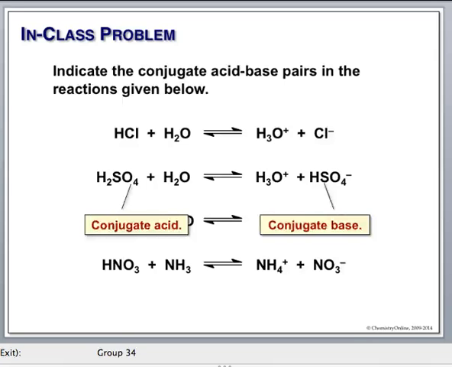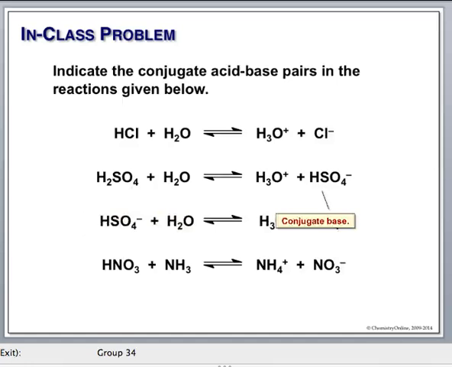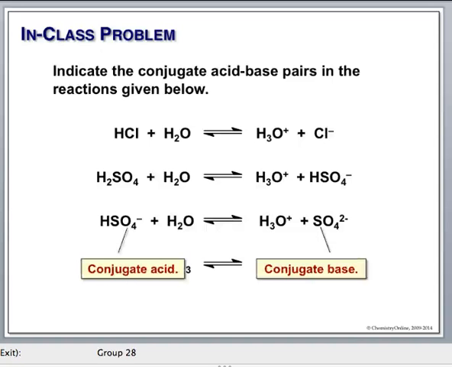Going backwards, if hydrogen sulfate acted as a Bronsted base, it would accept a proton and it would form its conjugate acid. The second ionization, we're starting now with hydrogen sulfate. It's going to lose a proton. This is the Bronsted acid, and this is its conjugate base.